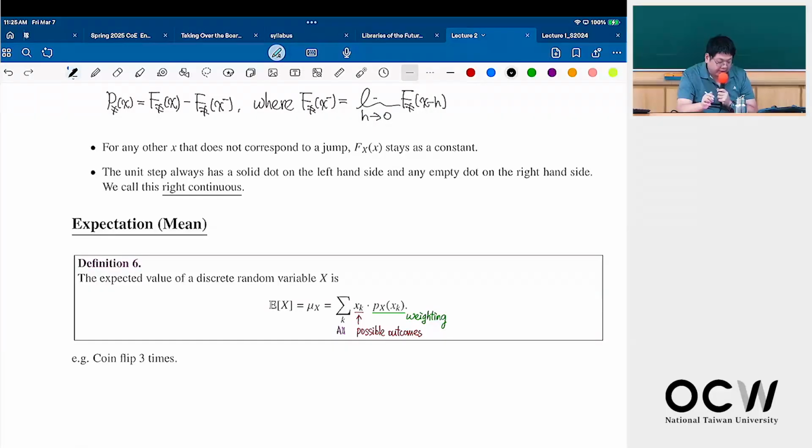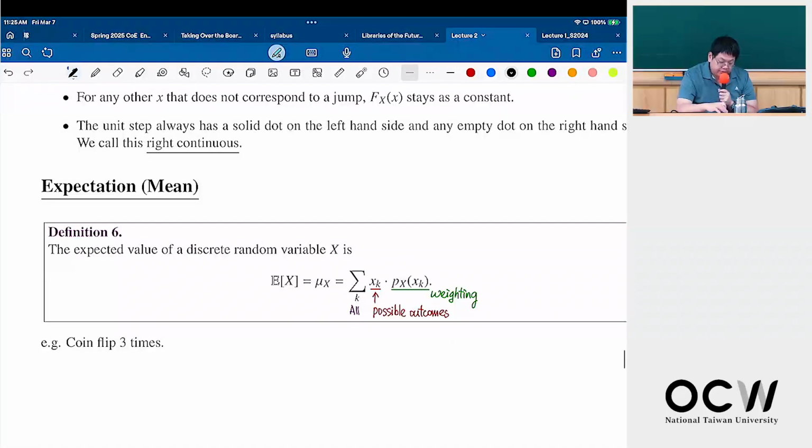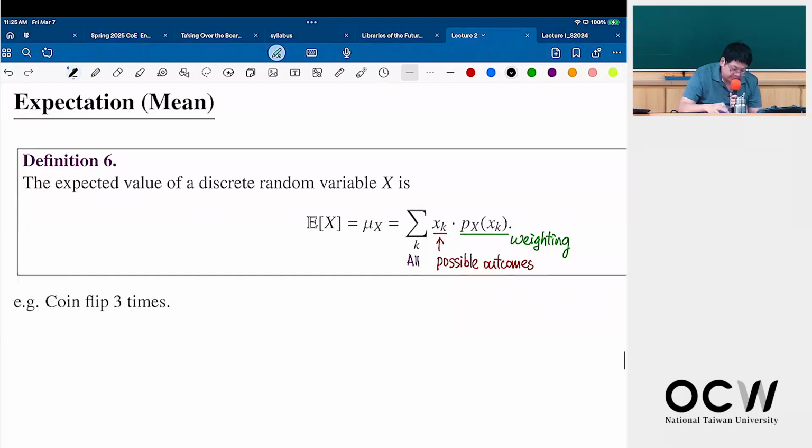For example, I flip the coin 3 times, then what is the expected value of x? X could be getting a head or getting a tail. So consider all possible outcomes. My possible outcomes of getting heads are 0, 1, 2, and 3.